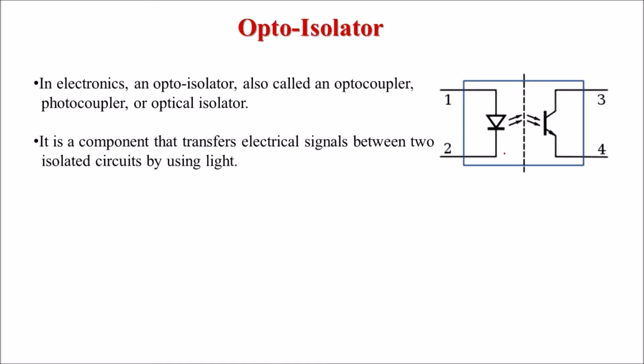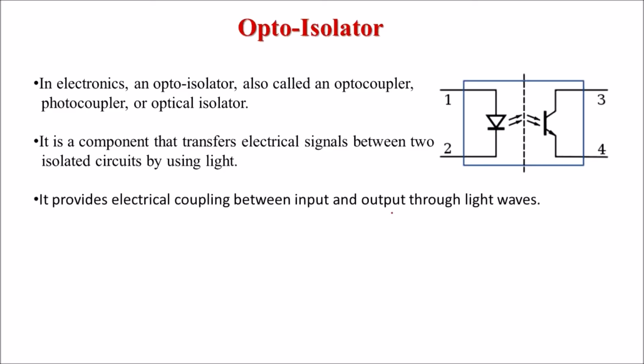In power electronics applications, we need to isolate a triggering circuit from the power circuit, because the power circuit needs a high voltage and the triggering circuit works on very low voltage. So to avoid damage to the triggering circuit, we can isolate the triggering and power circuits using an opto isolator.